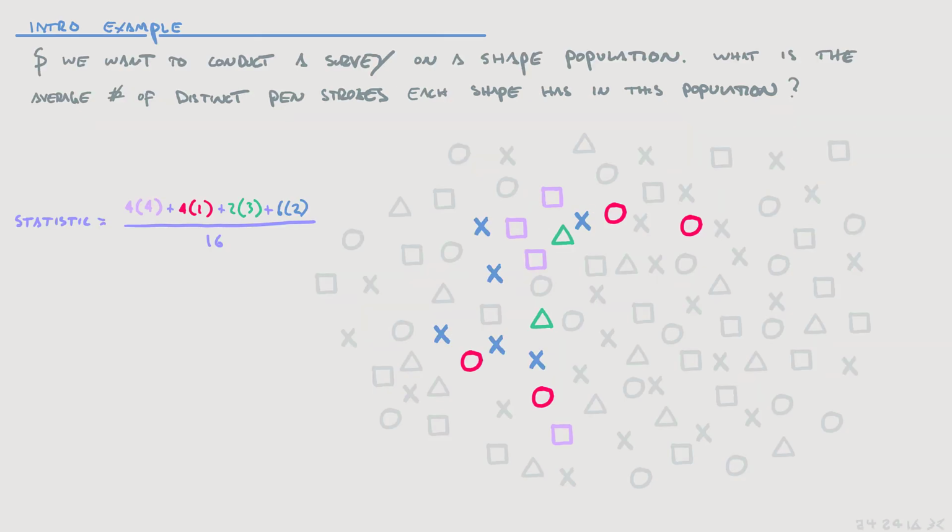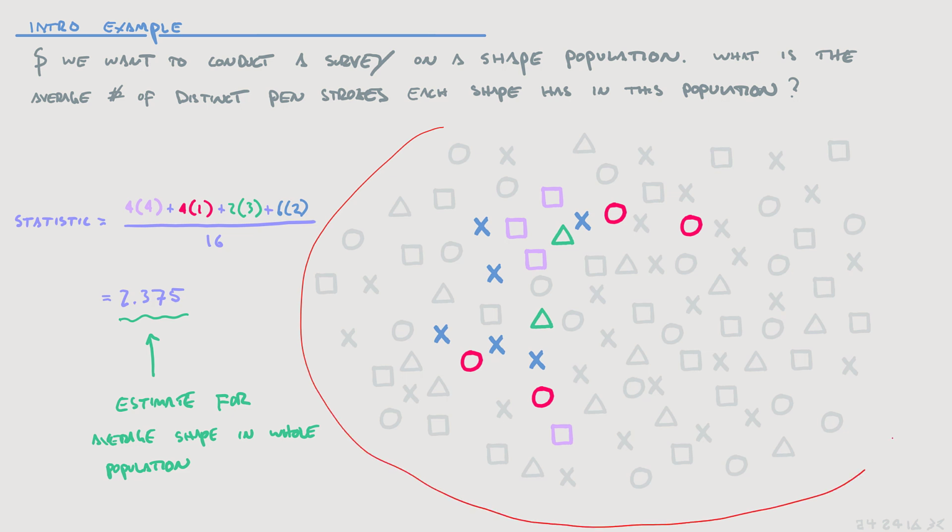So if I calculate the statistic based on this sample, there's 4 squares, 4 circles, 2 triangles, and 6 crosses. And if I figure out the number of pen strokes pertaining to each of those and divide by 16, because in this sample there's 16 shapes, I get 2.375. And so what I would say is, okay, 2.375 is going to be about the average number of pen strokes for any shape in the entire population.